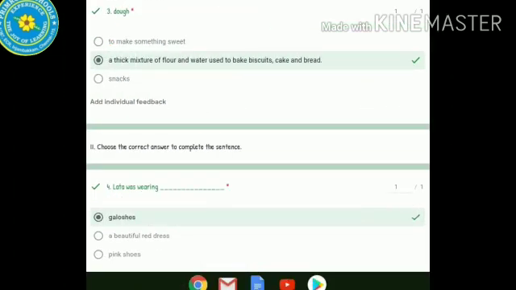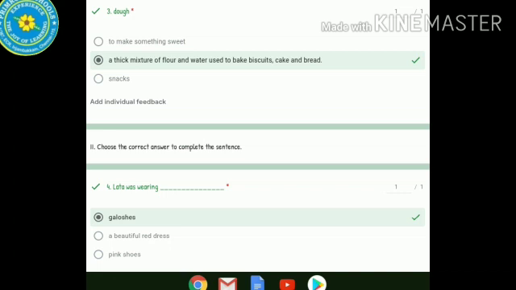What is the next question? Dough. What is the meaning of dough? A thick mixture of flour and water used to bake biscuits, cake and bread. You can even ask your mother. For making chapatis, she has to knead the dough.